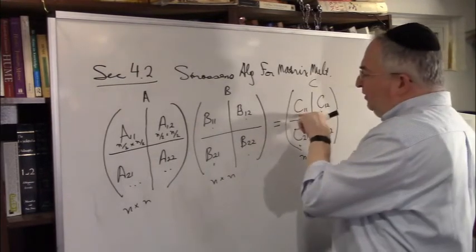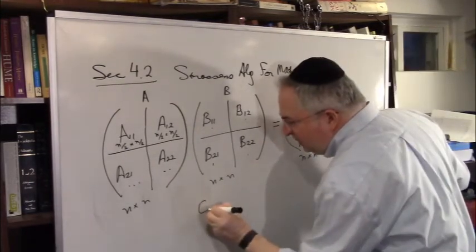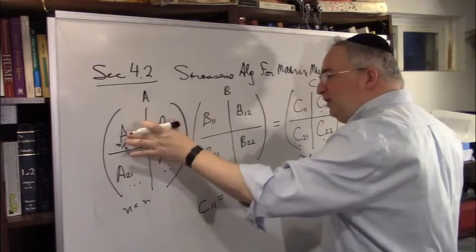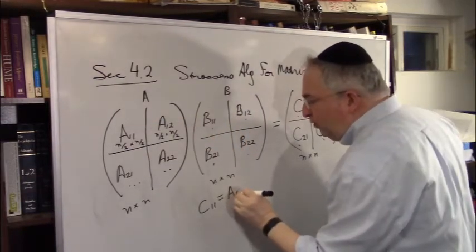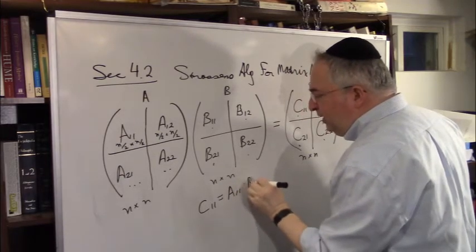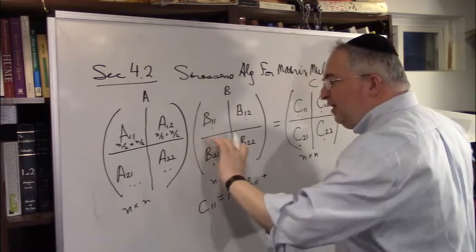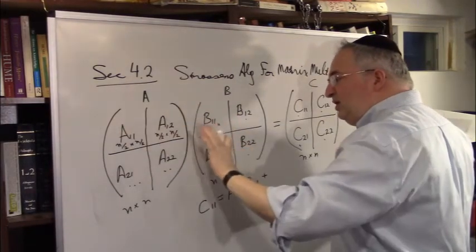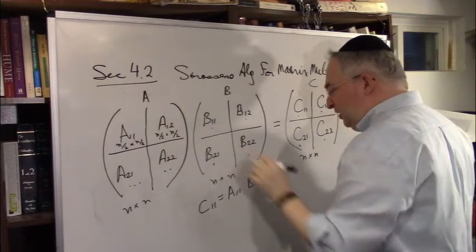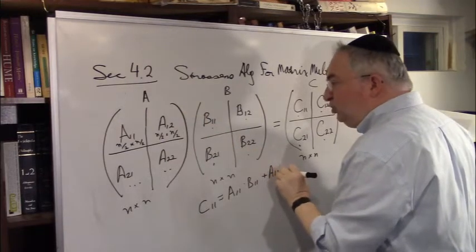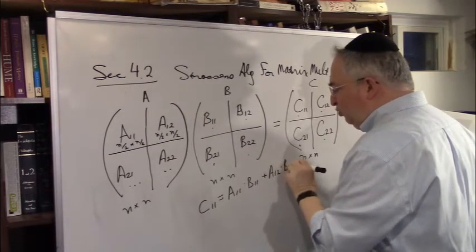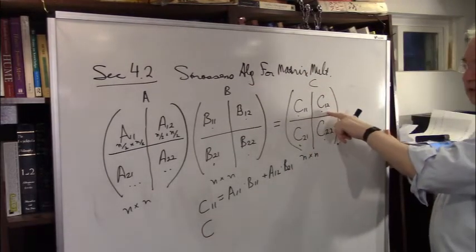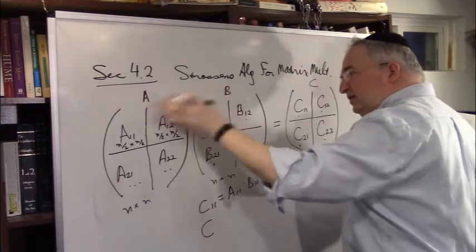You ready? Let's figure out what C11 is. C11 is going to equal, take this block, lift it up, go across. It's going to be A11 times B11 plus, we also have to do this times this. So watch my thumb. It's A12 times B21. Okay? What about this block? It's this block times this block.